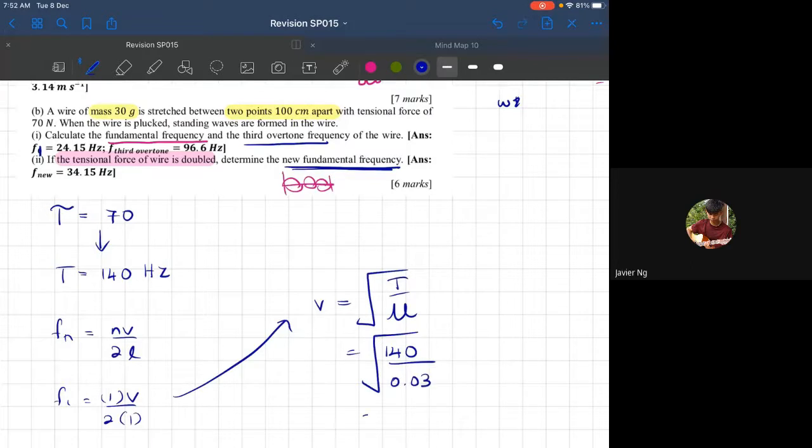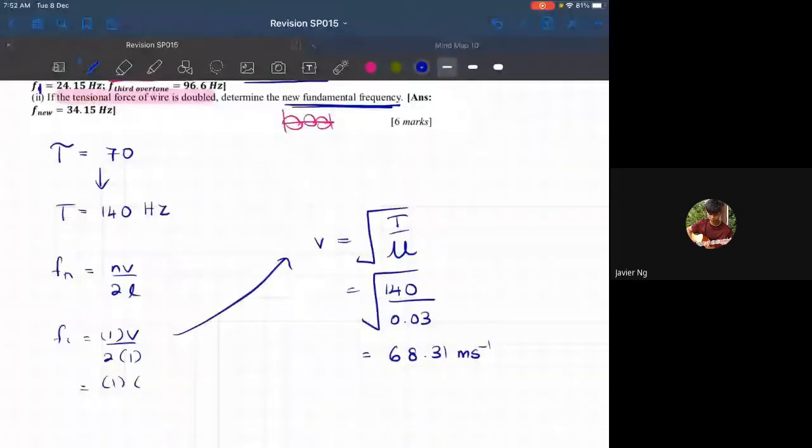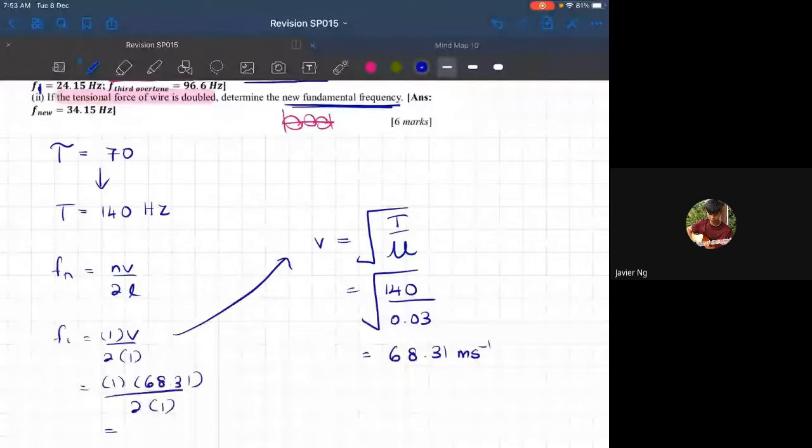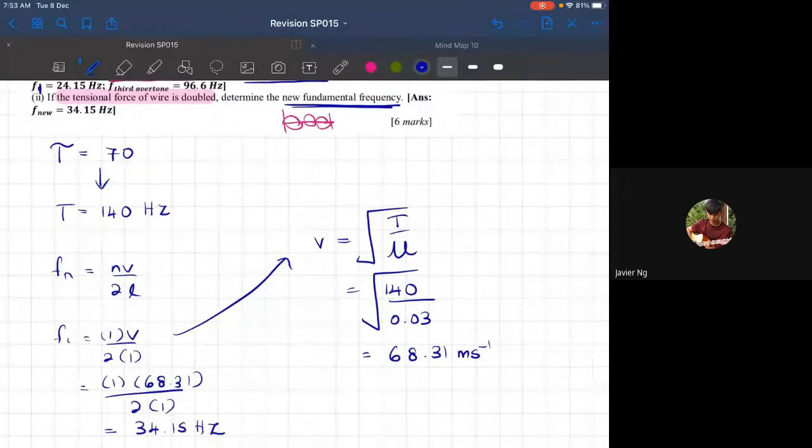So our new velocity is 68.31 ms negative 1. Okay. So kamu pun masuklah this one. Bagi 2, 1. Okay, so your new fundamental frequency adalah 34.15 Hz. Okay.